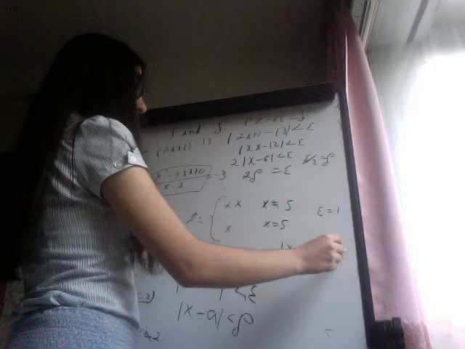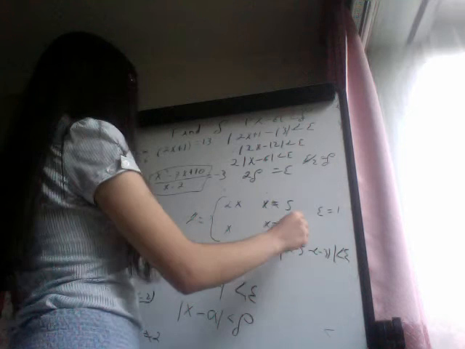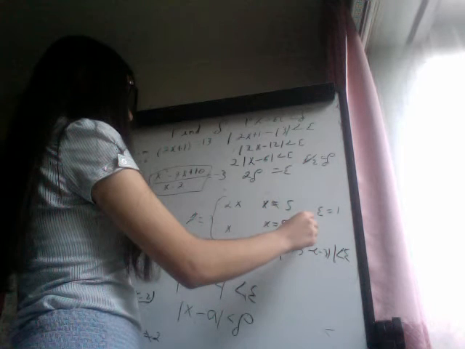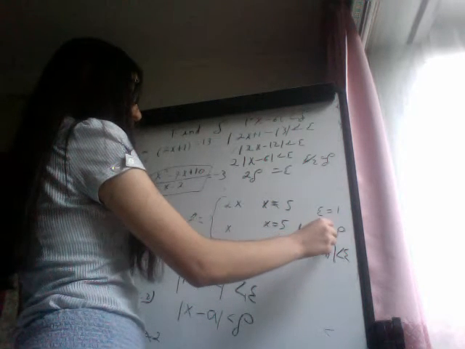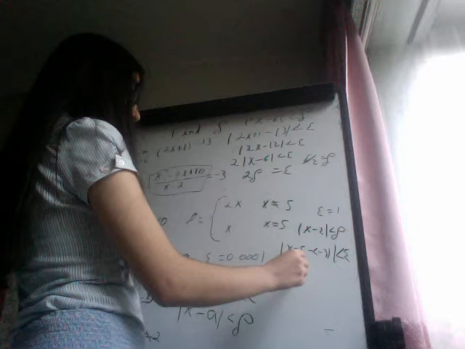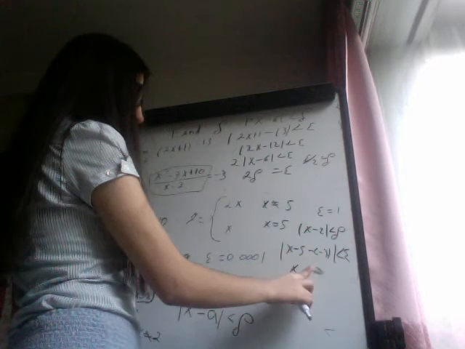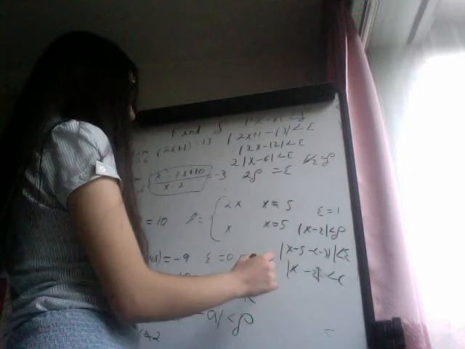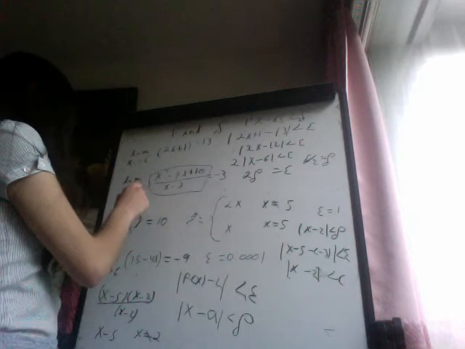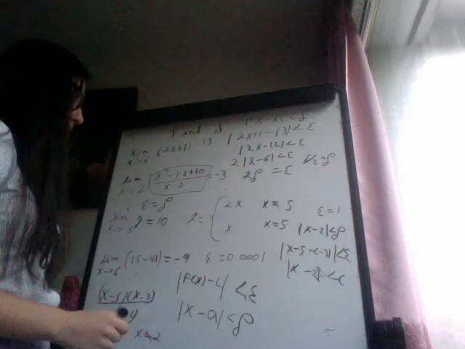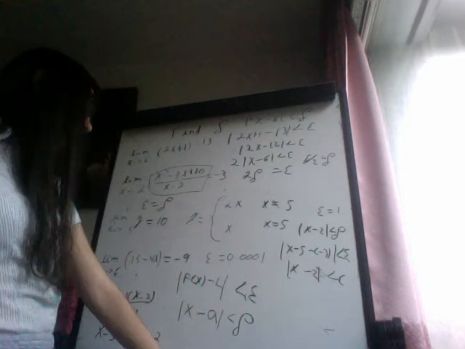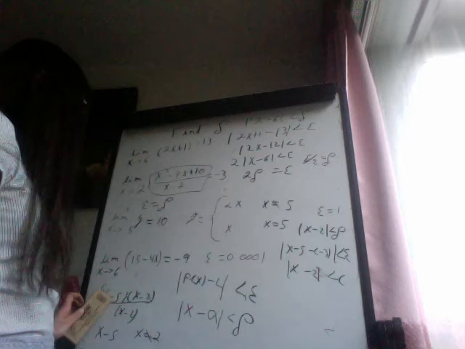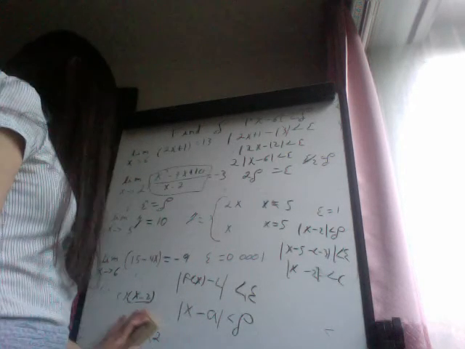This is less than epsilon, and on the other hand we have x minus 2 is less than delta. So this is x minus 5 plus 3. This is just x minus 2 less than epsilon. So we have that here epsilon is equal to delta. So whatever epsilon you give, the delta would be that same number.